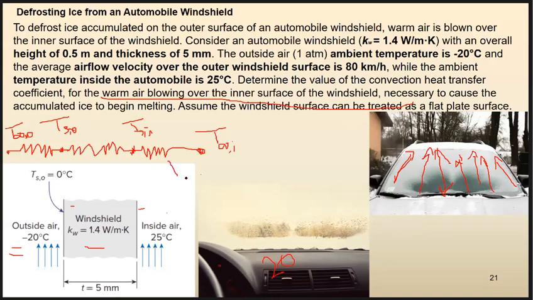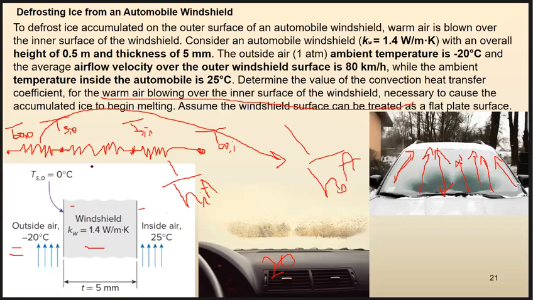For this one, my thermal resistance is 1 over h sub i times area. For this, 1 over h sub o times area. And for resistance against conduction, it is thickness over conductivity of the windshield times area.